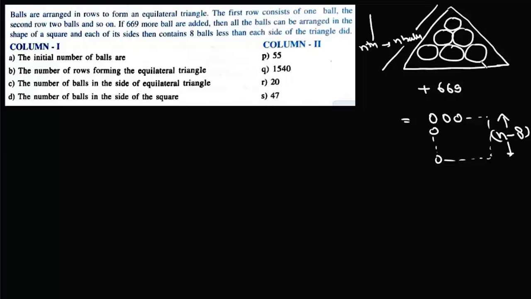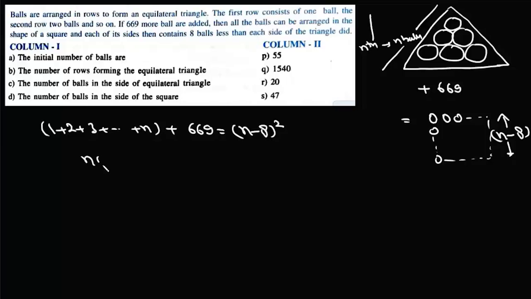Now first we'll count the total number of balls in this equilateral triangle. So it will be 1 plus 2 plus 3 up to n, and then we are adding 669 balls, and then the number of balls in this square will be simply n minus 8 squared.